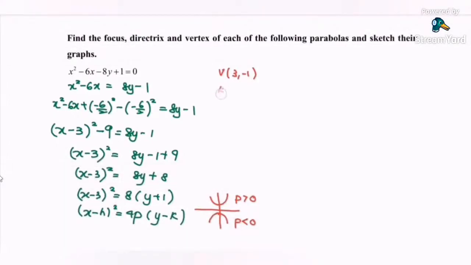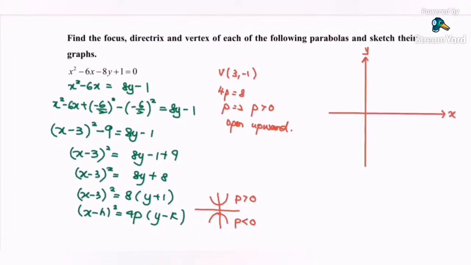Vertex. 4p is equals to 8, so p is equals to 2, where p is greater than 0, so open upward. So kindly refer to the graph. Start with the vertex where we have 1, 2, 3 and negative 1. So here we have the vertex.